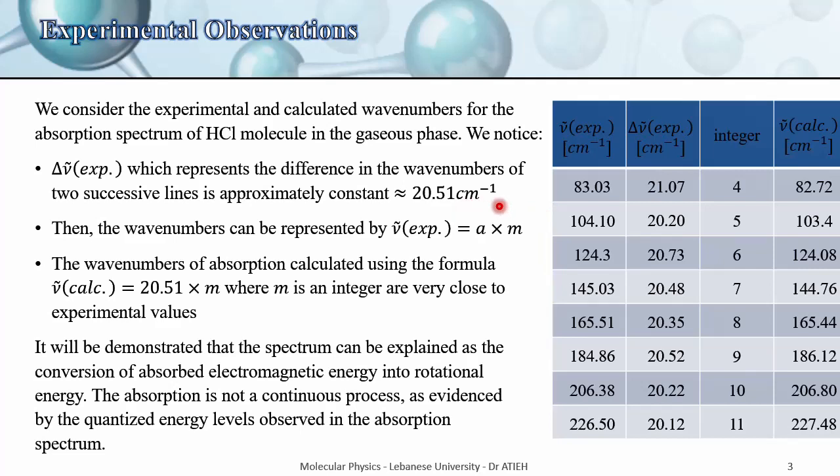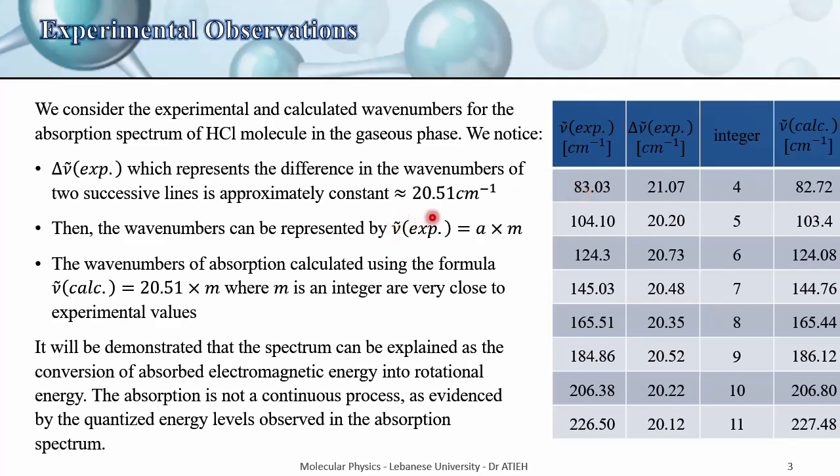So one may assume that we can calculate the values of the wave numbers for the HCl molecule using this formula, which is A times M, where M is an integer. Let's check if this is true. We have taken this A, which is a constant, equal to 20.51, and multiplied this constant by 4 to get a value, nu bar, equal to 82.72, which is very close to the experimental value.